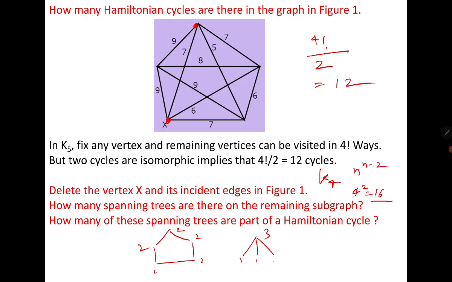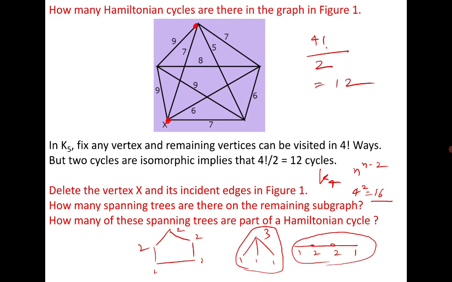One is 3, 1, 1, 1. The other one is 1, 2, 2, 1. Now the spanning trees with degree sequence 3, 1, 1, 1 cannot be a part of a Hamiltonian cycle. It means only the spanning trees with degree sequence 1, 2, 2, 1 are part of a Hamiltonian cycle.